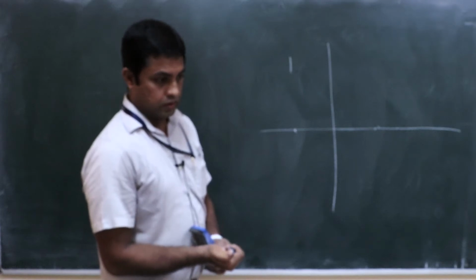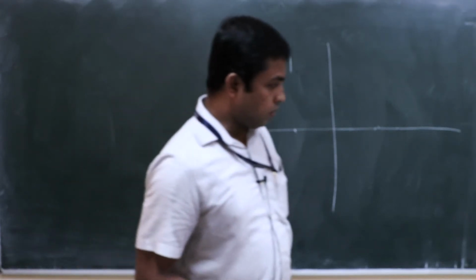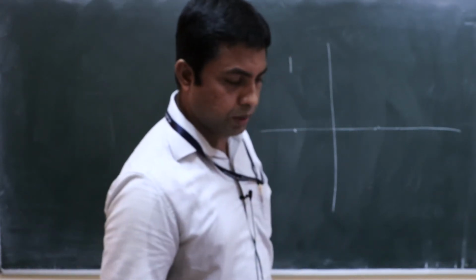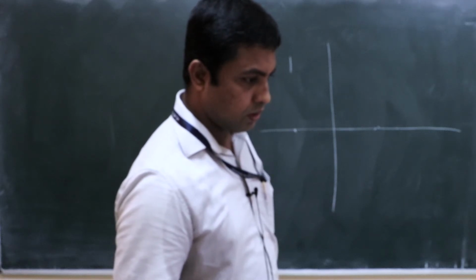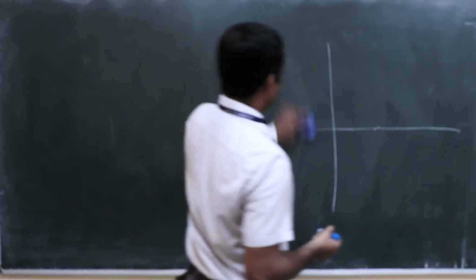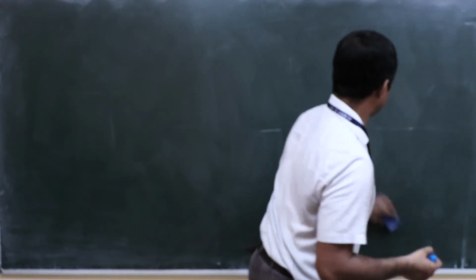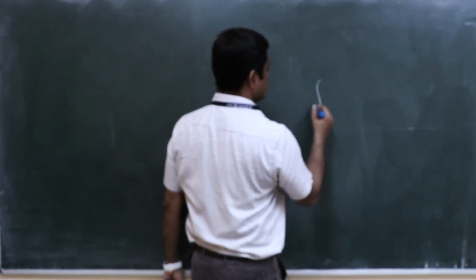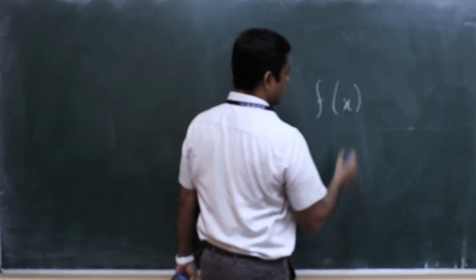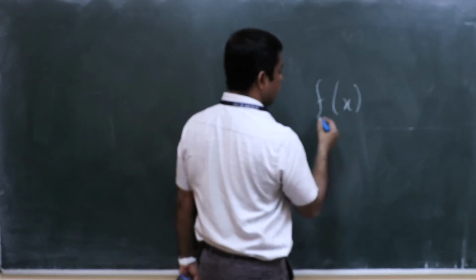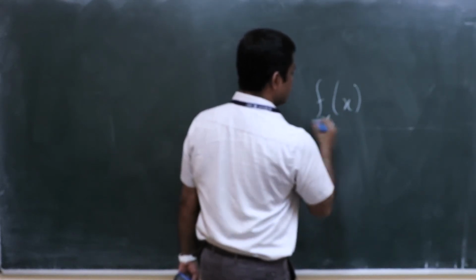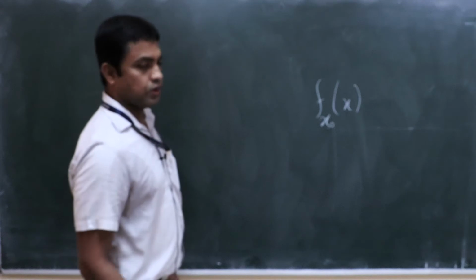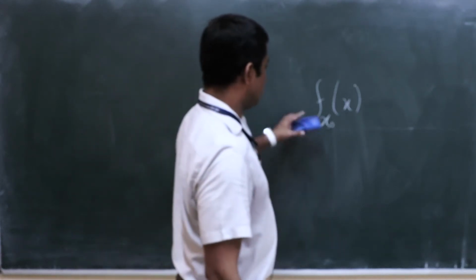No, don't we need to write that in the function notation also? Otherwise, how will we know which point we're talking about? Okay, so if you want, instead of simply saying f of x, you can put a box function around x naught. That is fine.